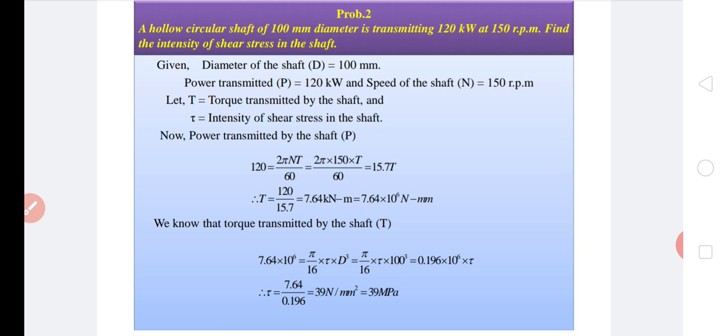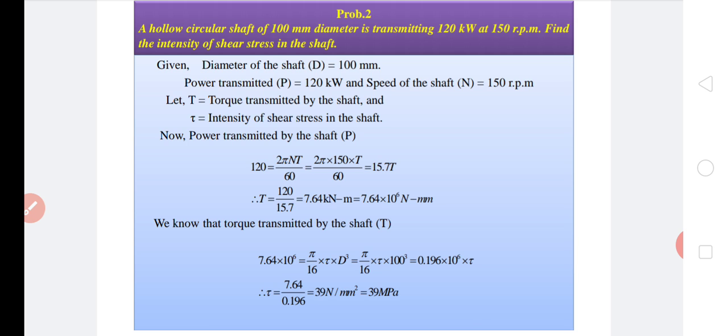In problem 2, a hollow circular shaft of 100 millimeter diameter is transmitting 120 kilowatt at 150 rpm. Find the intensity of shear stress in the shaft.